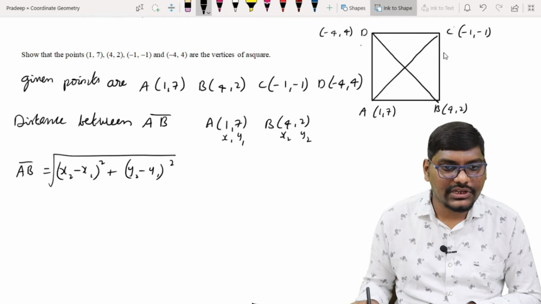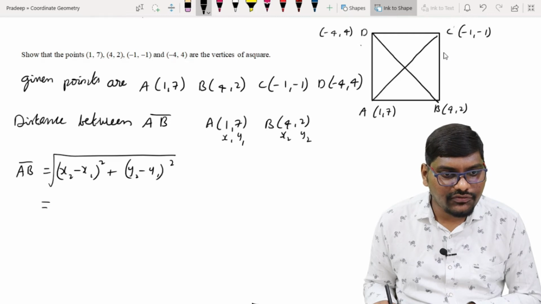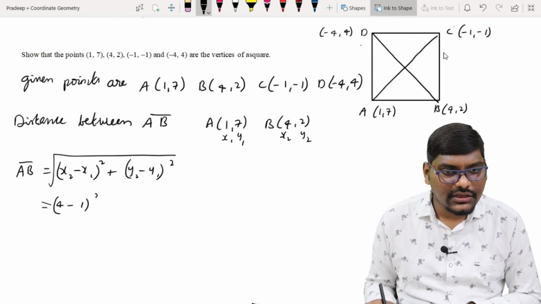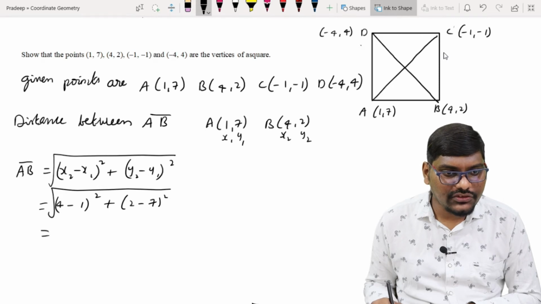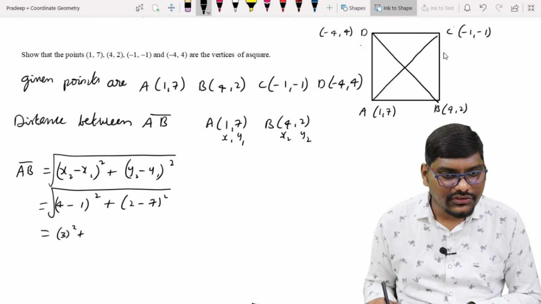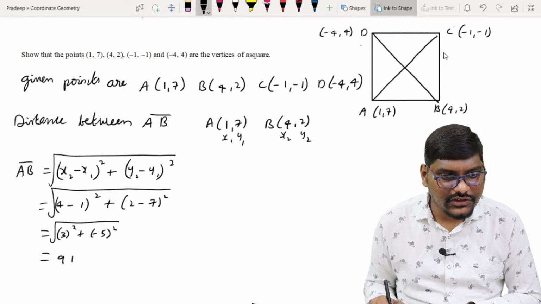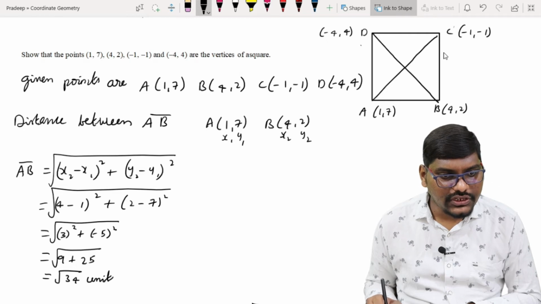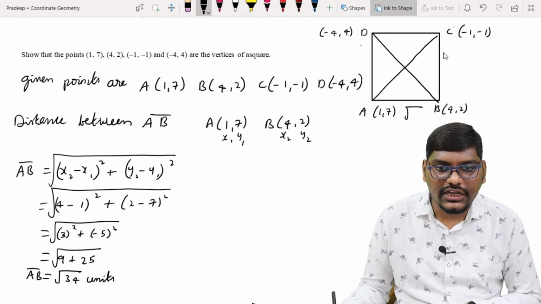Substituting the values, AB is the square root of (4 minus 1) whole square plus (2 minus 7) whole square. So this is 3 square, and 2 minus 7 is minus 5 whole square. 3 square is 9, 5 square is 25, so we get root 34 as the value. The distance of AB is root 34.